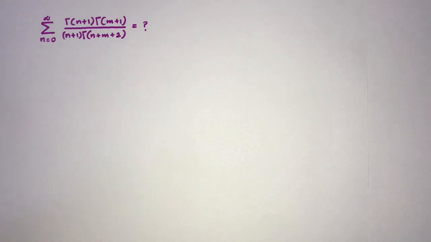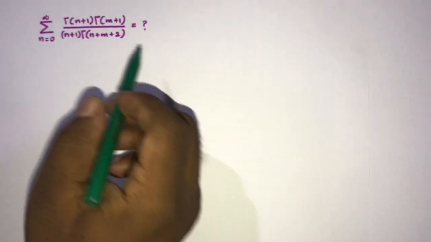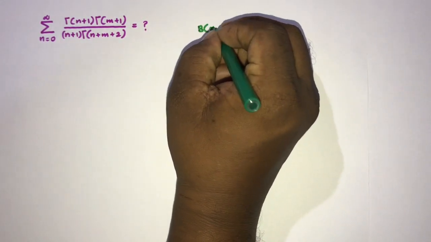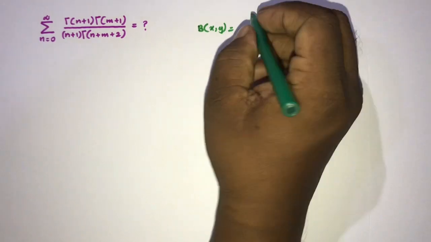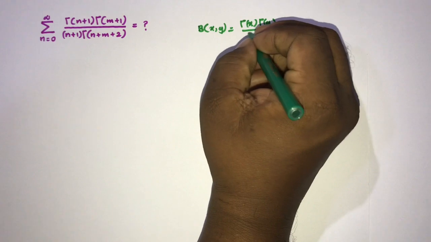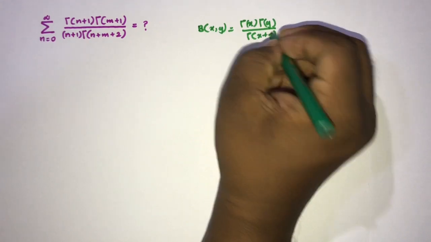First of all, we can see the relation between the gamma function and the beta function. We know beta of x, y is equal to gamma of x times gamma of y over gamma of x plus y.